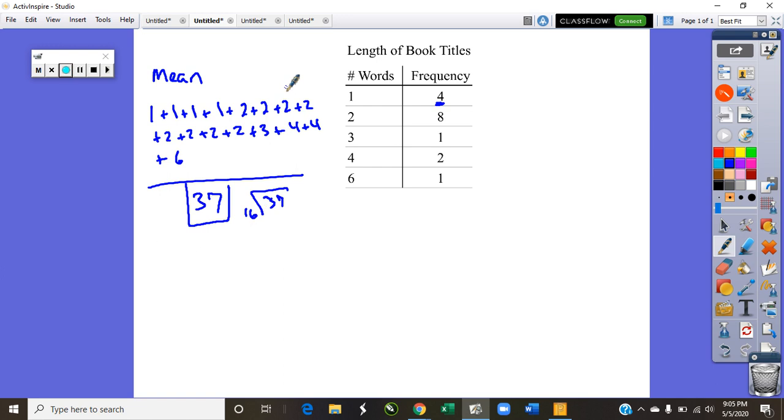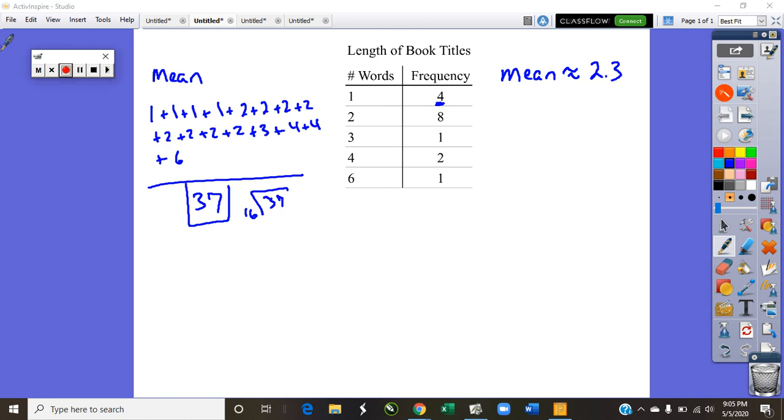And when we do that, we get about 2.3. So our mean is about, when you have a number that goes on past the tenth place, just round it to the nearest tenth. So about 2.3.